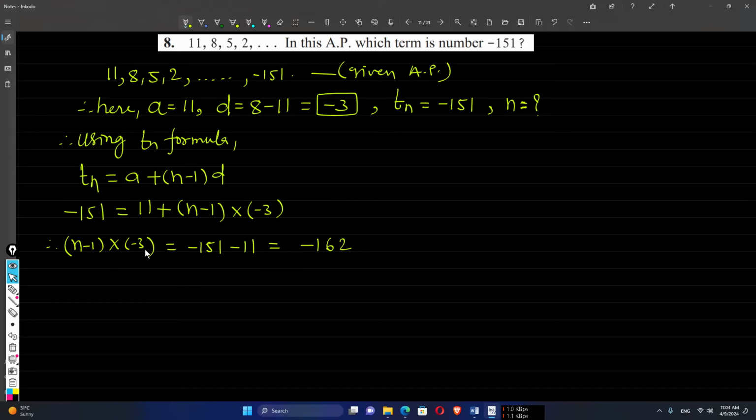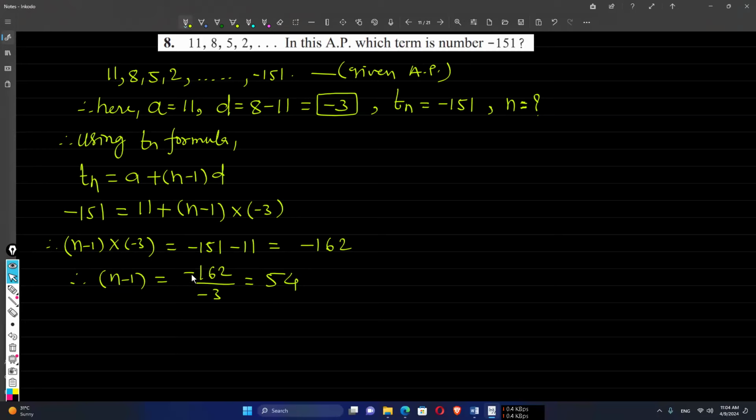Now this 3 will go to the right hand side, and the relation of this negative 3 to the left hand side is multiplication, and it will change its relation when it changes the side. Therefore, n minus 1 is equal to minus 162 divided by minus 3. All right, so 3 5s are 15, remainder is 1, and 3 4s are 12.